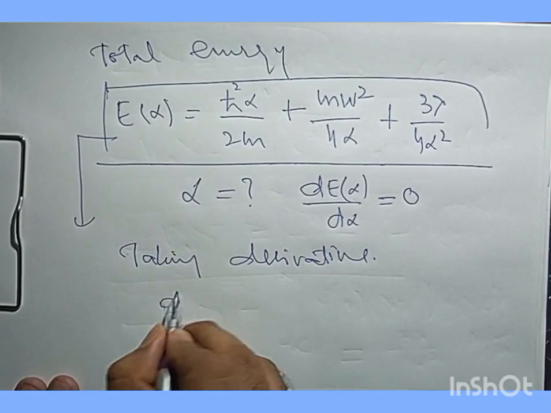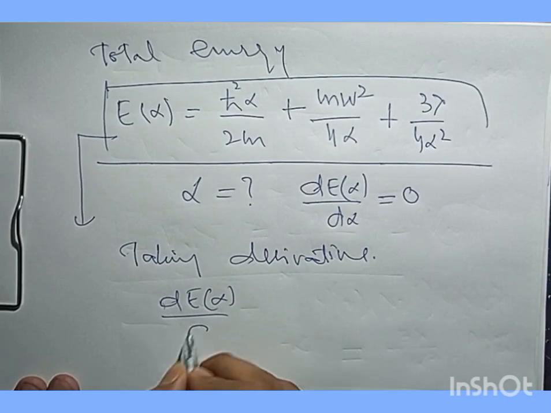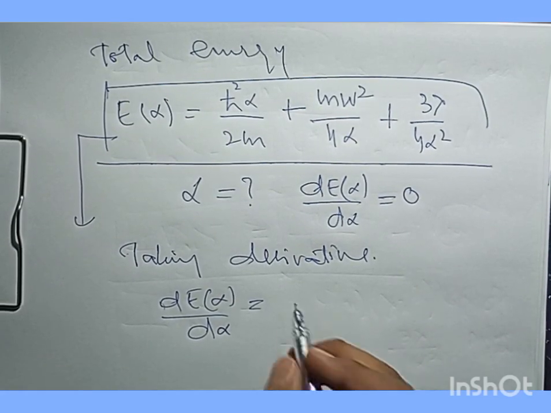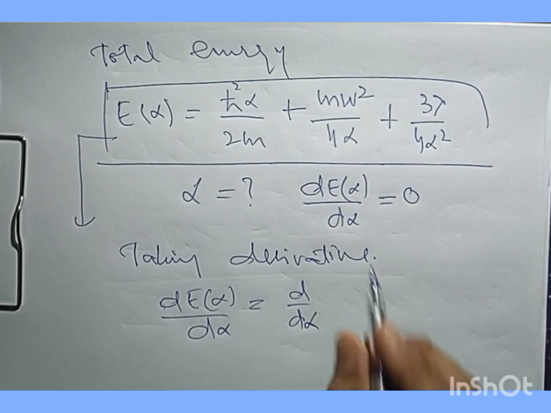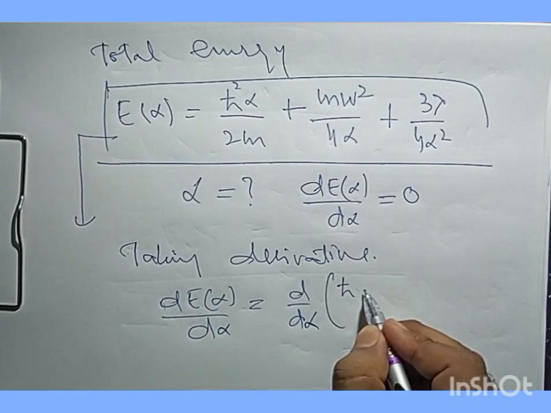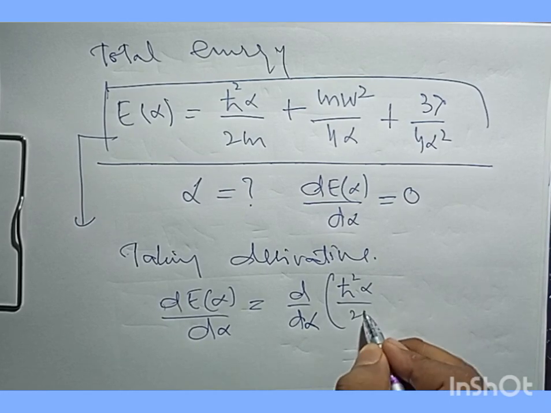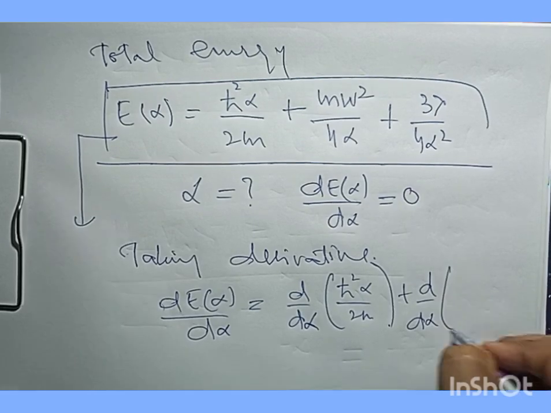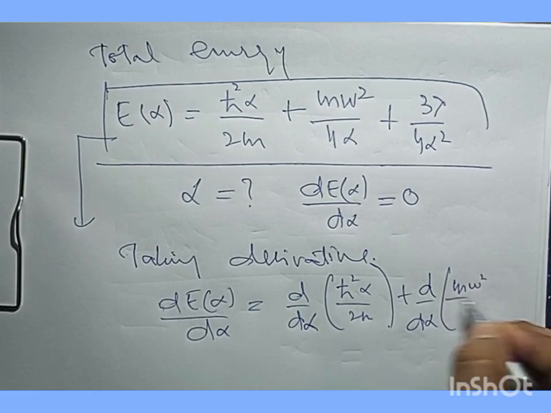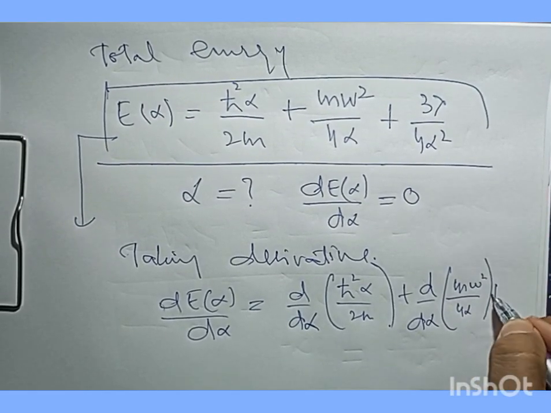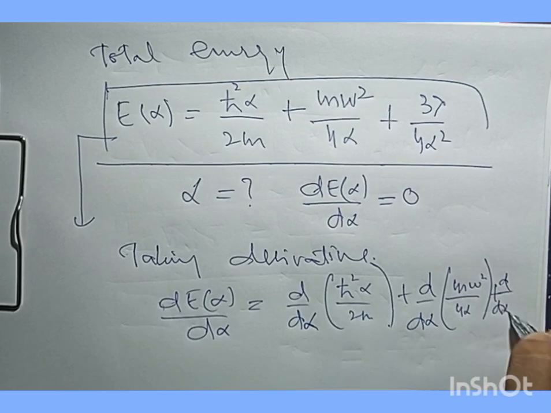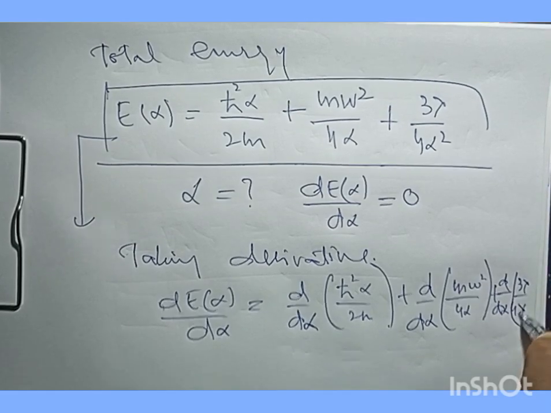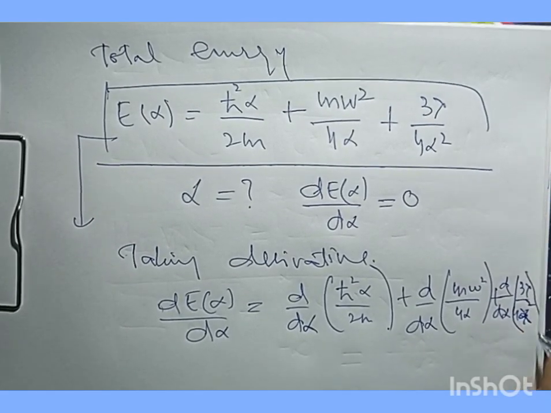So dE alpha by d alpha will be equal to d by d alpha of h bar square alpha by 2m, plus d by d alpha of m omega square by 4 alpha, then plus d by d alpha of 3 lambda by 4 alpha square.